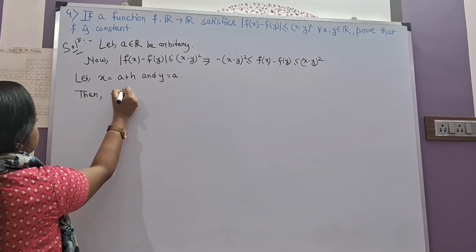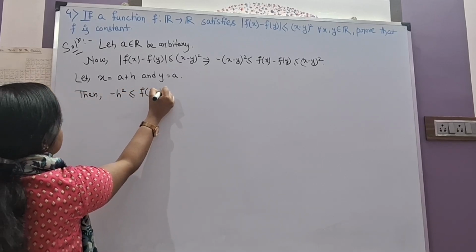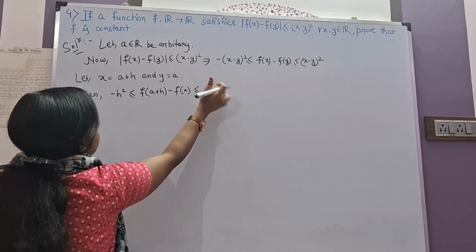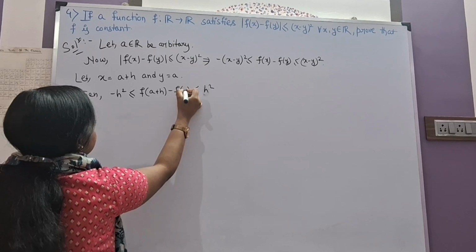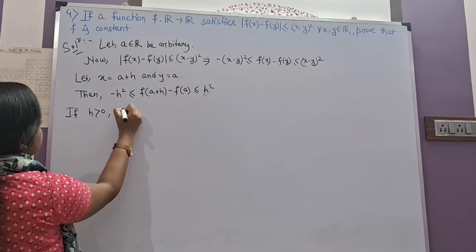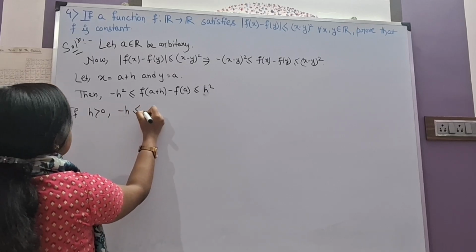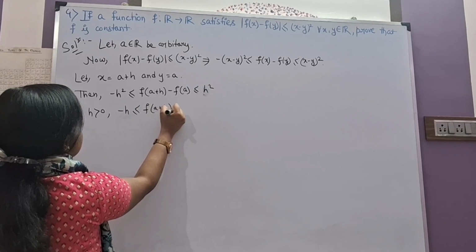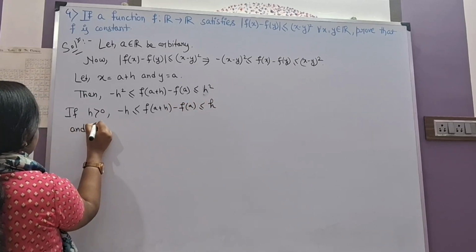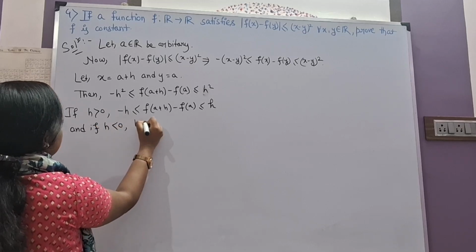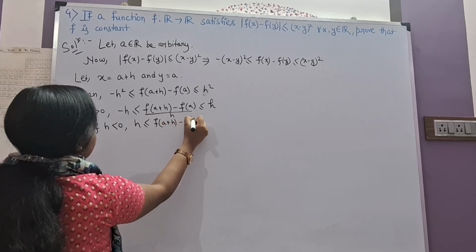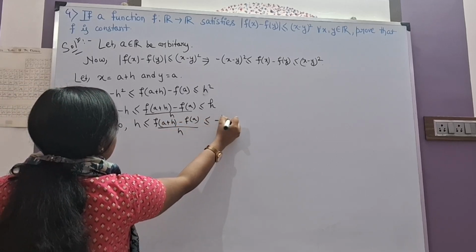Then minus h squared less or equal to f of a plus h minus f of a less or equal to h squared. Now if h greater than 0, then minus h less or equal to f of a plus h minus f of a by h less or equal to h. And if h less than 0, then h less or equal to f of a plus h minus f of a by h less or equal to minus h.